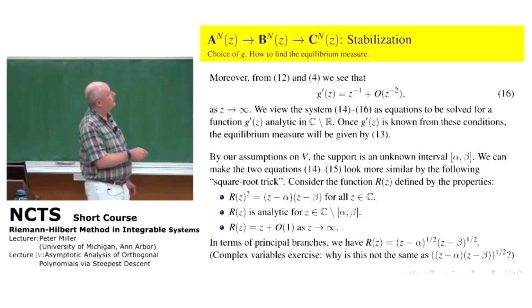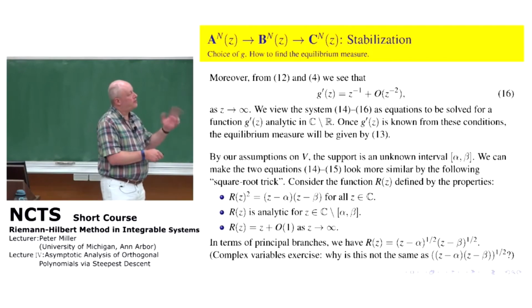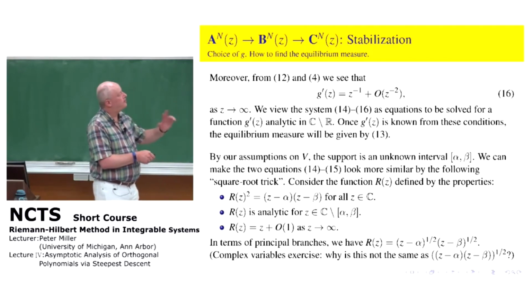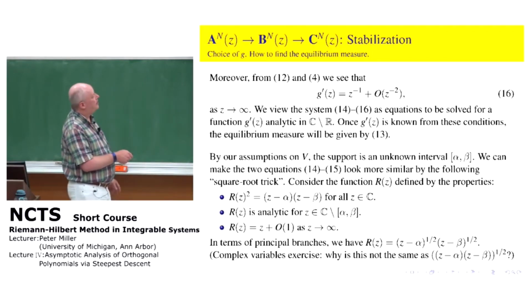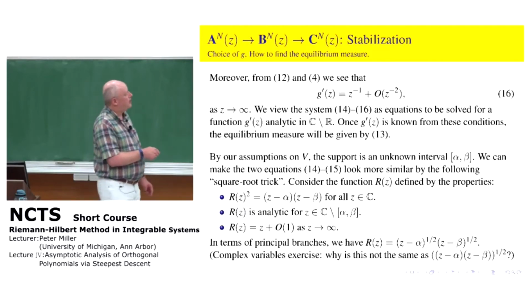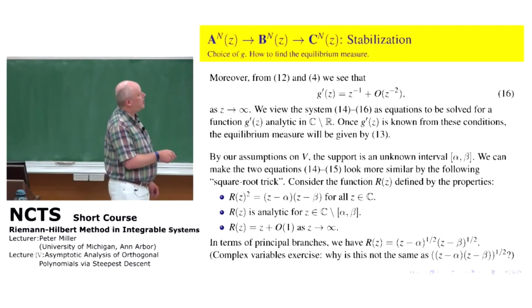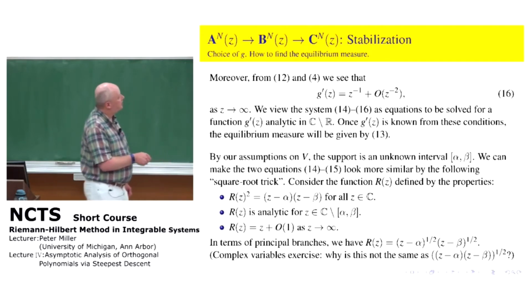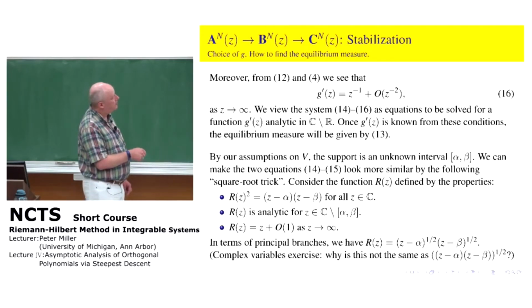So we can make the two types of formulas, the sum of the boundary values and the difference of the boundary values, look more the same by a certain trick that I will call the square root trick. Okay, so we're going to consider a function R of z. R is just meant to stand for root, square root. So R of z is some kind of square root of this quadratic, z minus alpha, z minus beta.